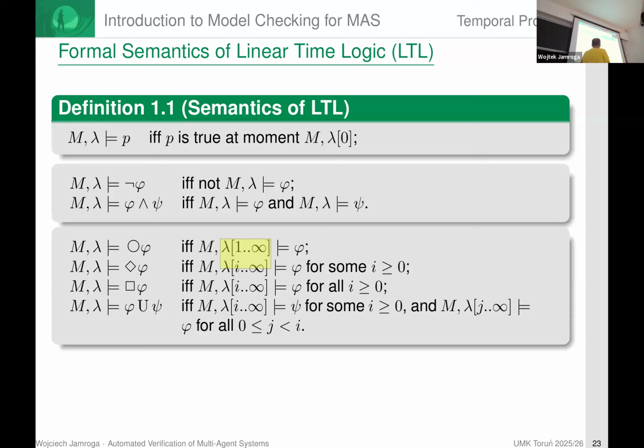Okay? Why such a complicated definition? Because if phi includes some further temporal operators, we need a whole infinite path to evaluate it on. Okay? And similarly for sometime, always, and until.